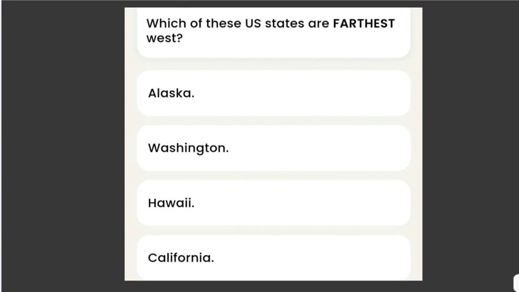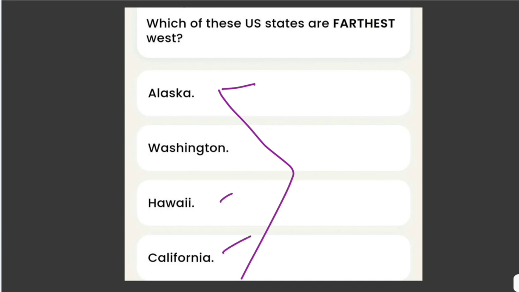Which of these U.S. states is farthest west? Alaska, Washington, Hawaii, or California? Now let's check the locations of each of these states. Alaska is the westernmost state in the United States, with its Aleutian Islands extending into the eastern hemisphere. Hawaii is the only state entirely located in the Pacific Ocean and is located farther south than any other state.